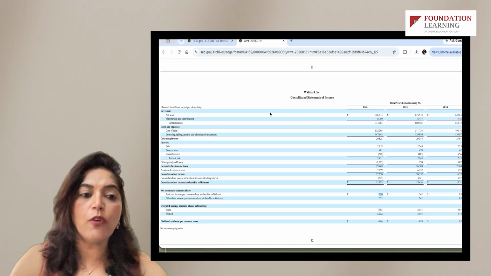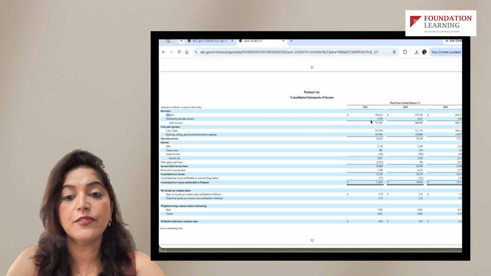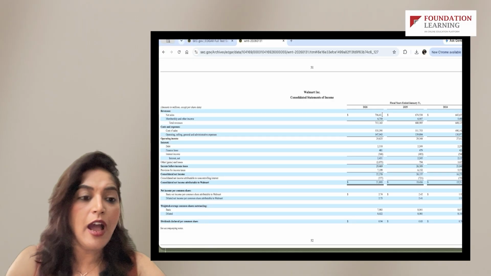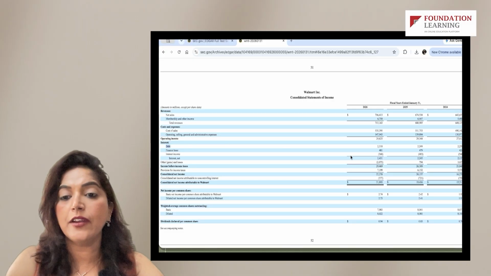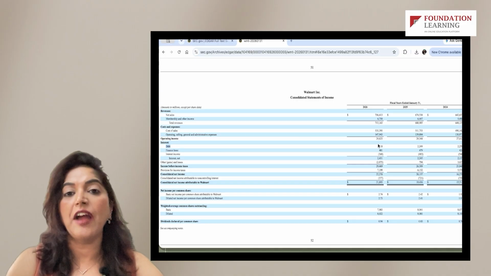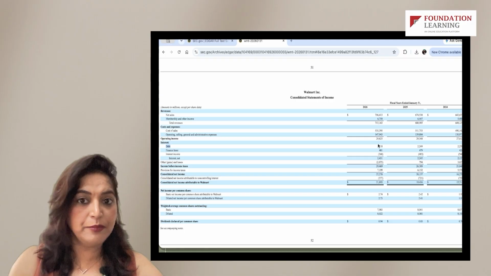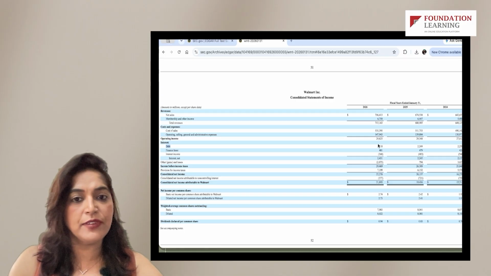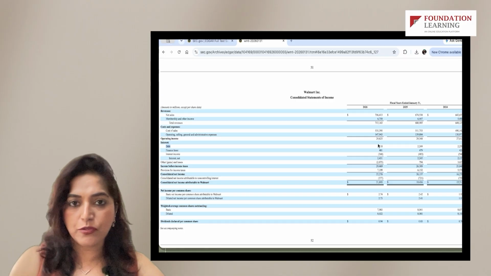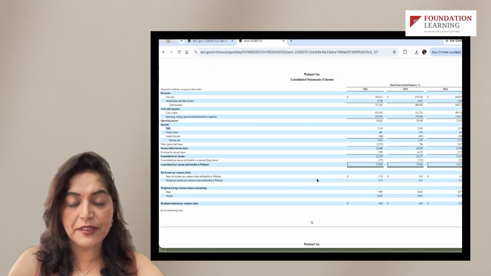So in case you want to know more about how this net sales figure was calculated, or how the interest on debt was calculated, whenever you want to deep dive, you have to refer to the notes to the financials which accompany these financials. At the end of these financials, you will be able to find notes to the financial statement. So this is the income statement discussion.